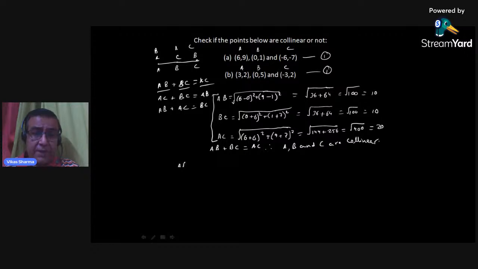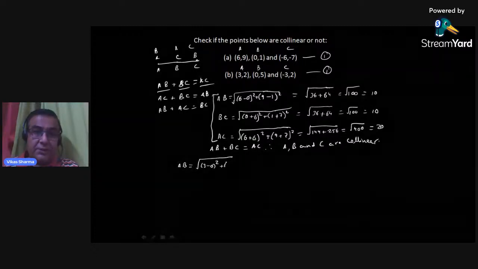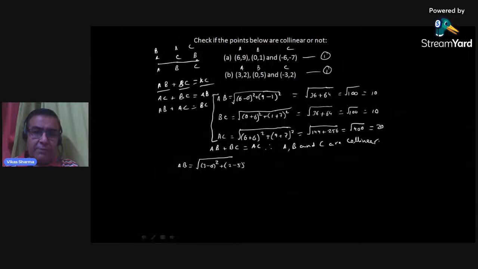So AB will be equal to the square root of 3 minus 0 whole square plus 2 minus 5 whole square.